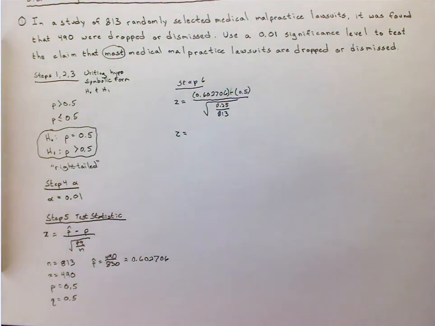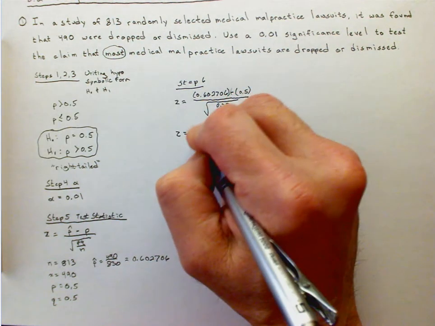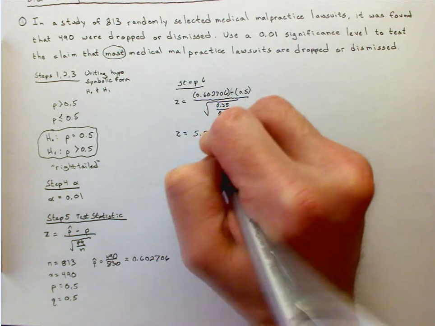So let's type that in. So minus 0.5 divided by the square root of 0.25 divided by 813. And I end up, that's a large z-score, 5.86.